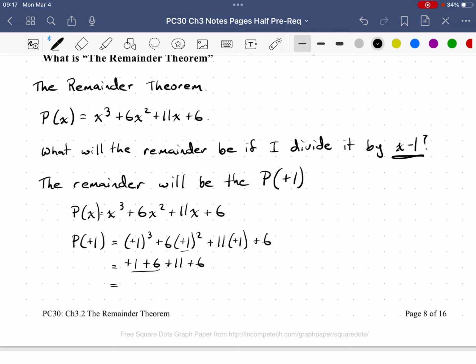This is equal to 7, 18, 24, which is plus 24. So then our question is, is x minus 1 a factor of this polynomial? The answer is no, because the remainder when we divide it is not 0. So that's what the remainder theorem says.